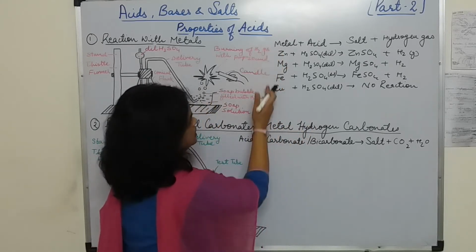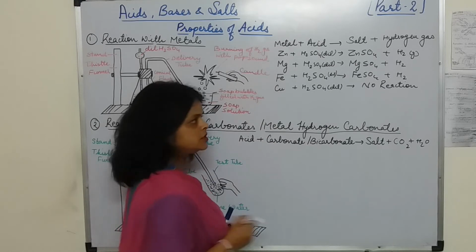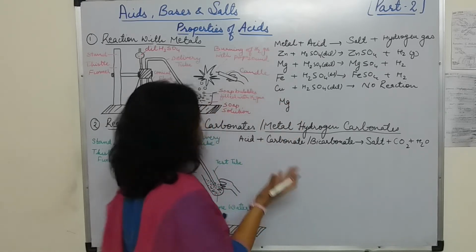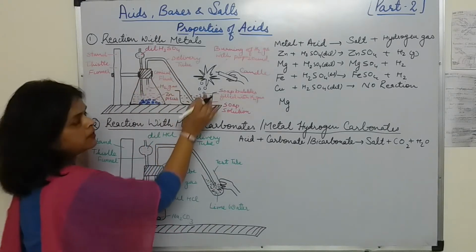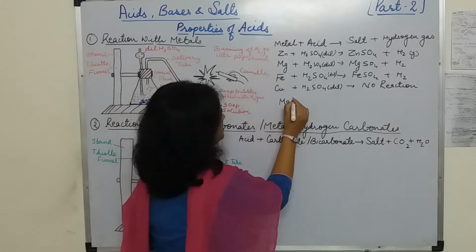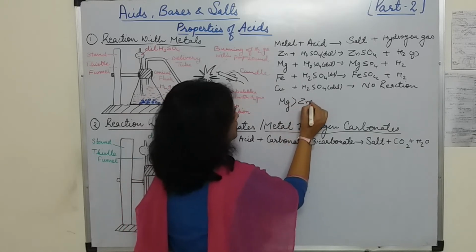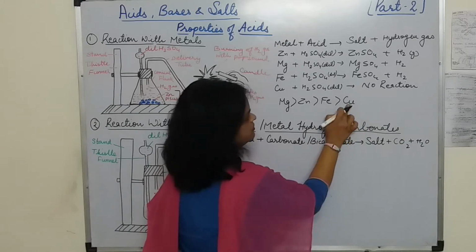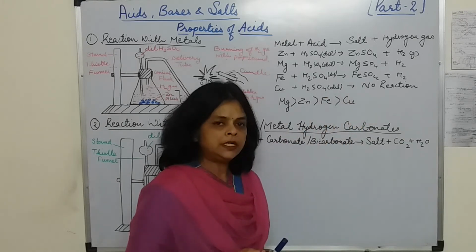We know that magnesium is the most reactive, so the reaction with magnesium will be most vigorous. The bubbles of hydrogen will come out faster in magnesium as compared to zinc, as compared to iron, as compared to copper, where there is no reaction taking place.